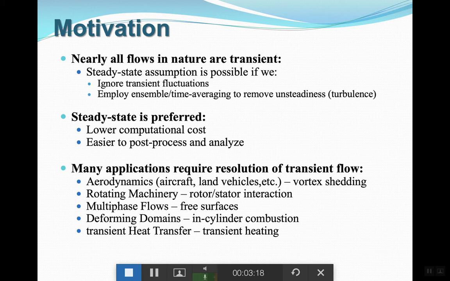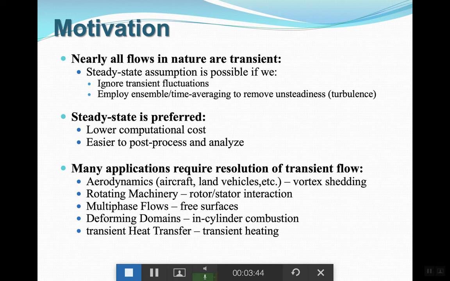For example, and here we have just named few of them, you have aerodynamics systems like aircrafts, land vehicles, automobiles, bicycles, missiles. The simulation of these kinds of phenomena would be very useful once you are doing transient simulation.